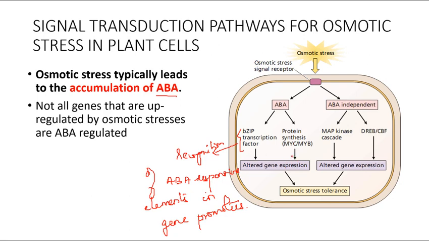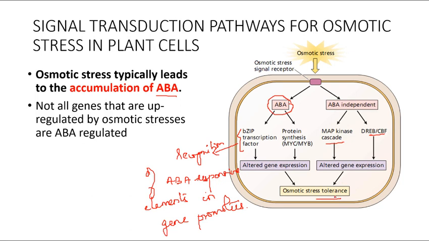So these two together, which are activated in response to ABA, alter gene expression, which helps in osmotic stress tolerance. Now another pathway which is activated in an ABA independent manner includes the MAPK cascade and DREB CBF. So when DREB CBF forms an association with the MAP cascade, they together help in altered gene expression independently. Okay, they together help in osmotic stress tolerance.